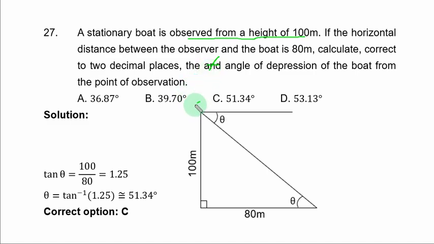Clearly the observer is somewhere here, so this is the angle of depression. It's looking down, and the boat is somewhere here.